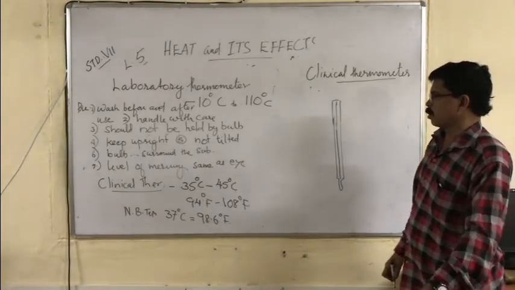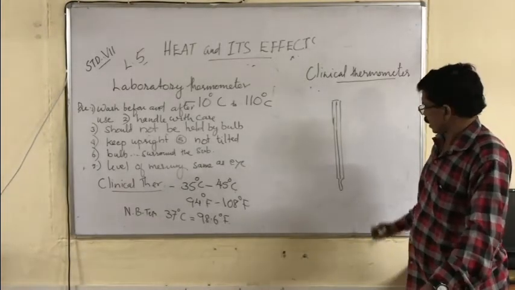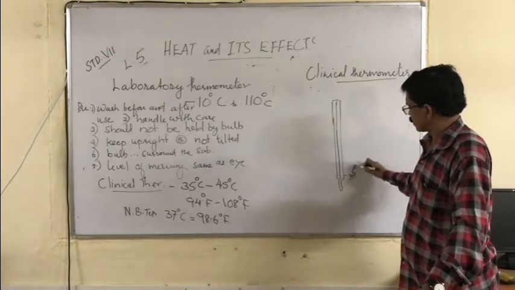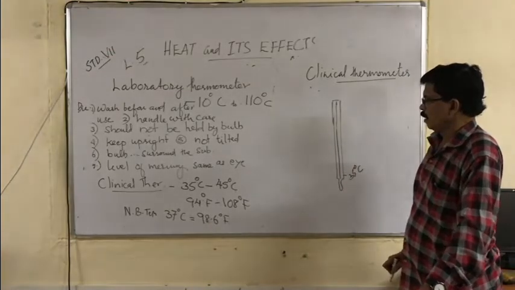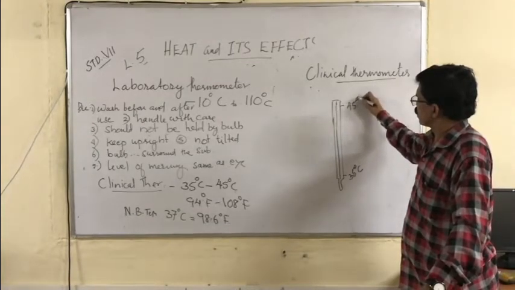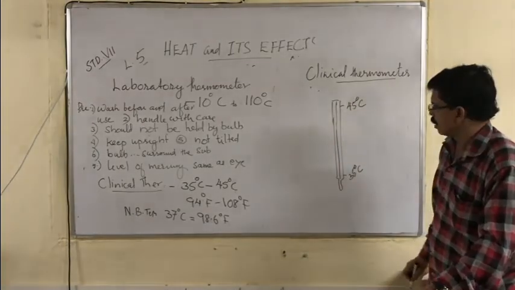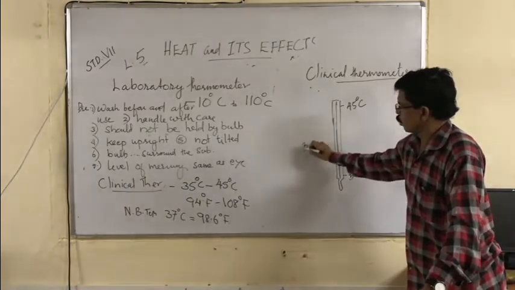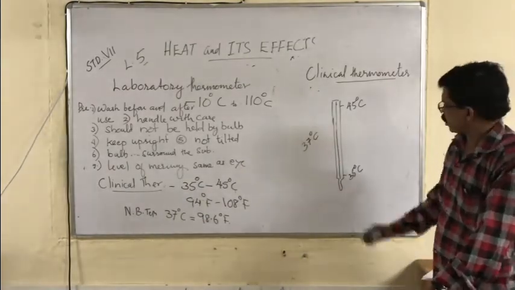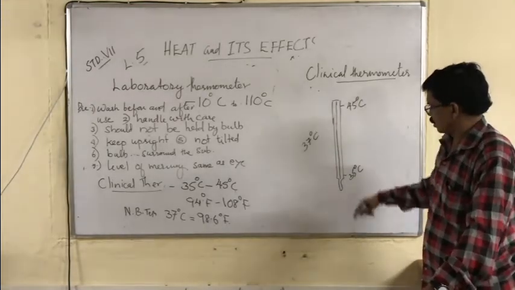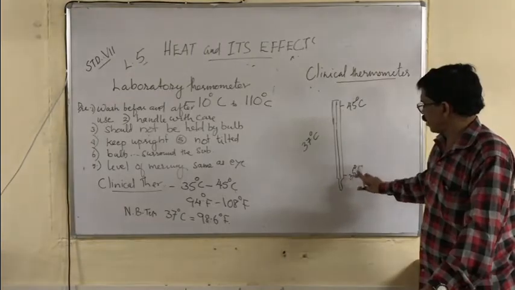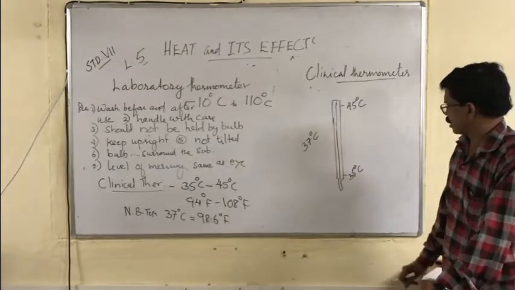In this clinical thermometer, the lower fixed point is 35 degrees Celsius and upper fixed point is 45 degrees Celsius because normal human body temperature is 37. So in a clinical thermometer, we have the scale ranging from 35 degrees Celsius to 45 degrees Celsius.